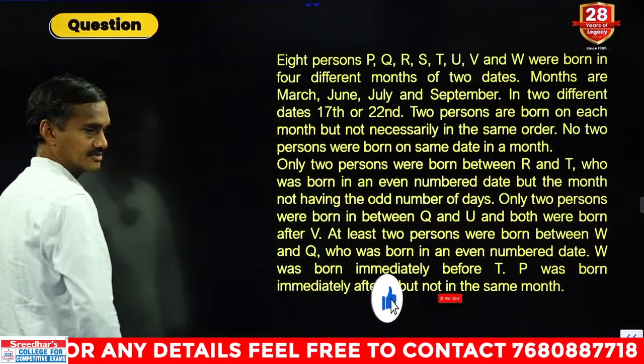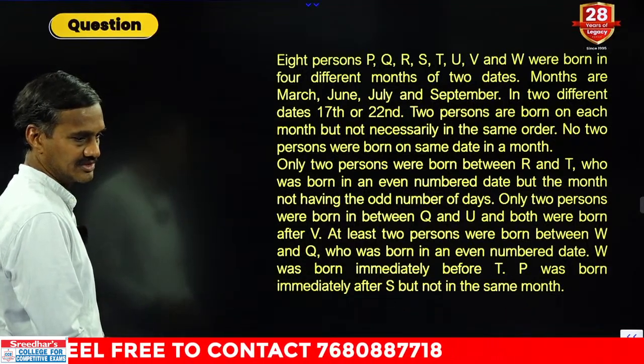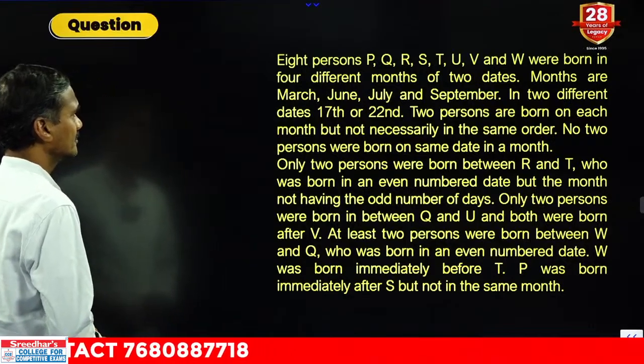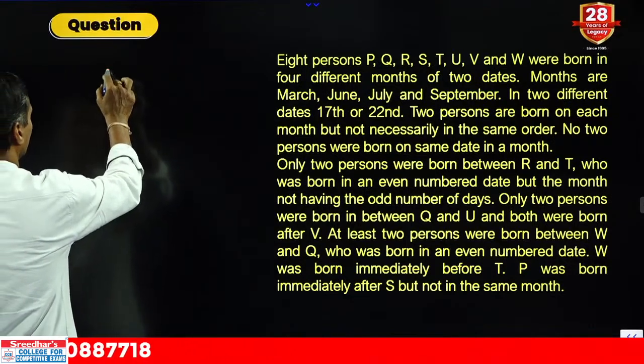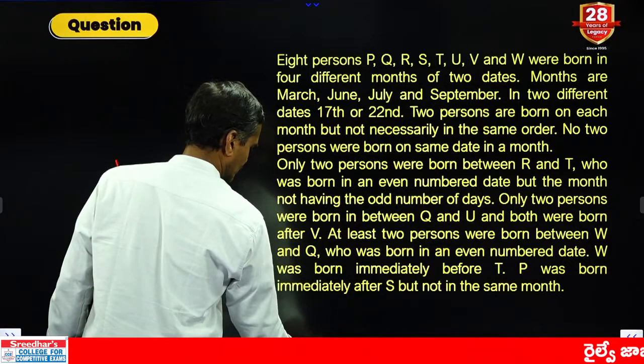Now in this case, what is the information we have? Months were given. Whenever months are given, always write one below the other. What are the months? March, June, July and September.